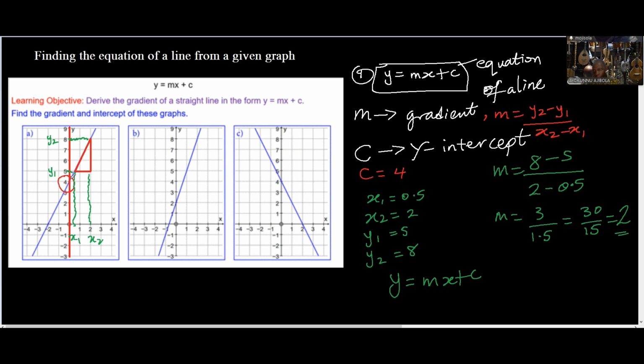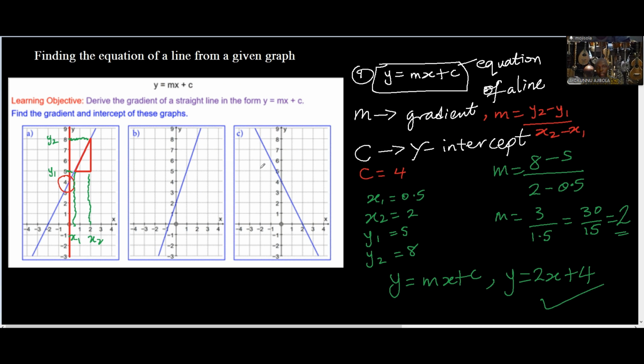That's on the graph, where the blue line meets the red line, the intercept. So what's the equation of the line now? Y equals 2x plus 4. Is that clear? That's because m is 2 and c is 4.